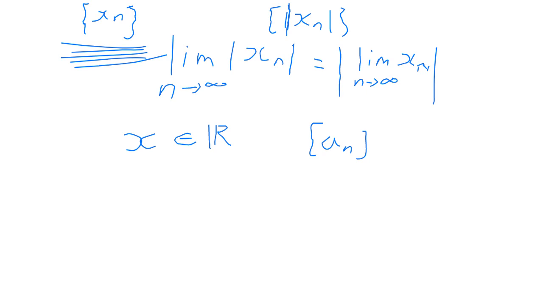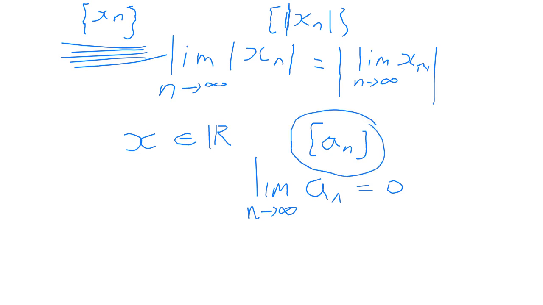So, if there is an X in R and a convergent sequence, sequence A sub n, such that the limit as n tends to infinity of A sub n is equal to 0.